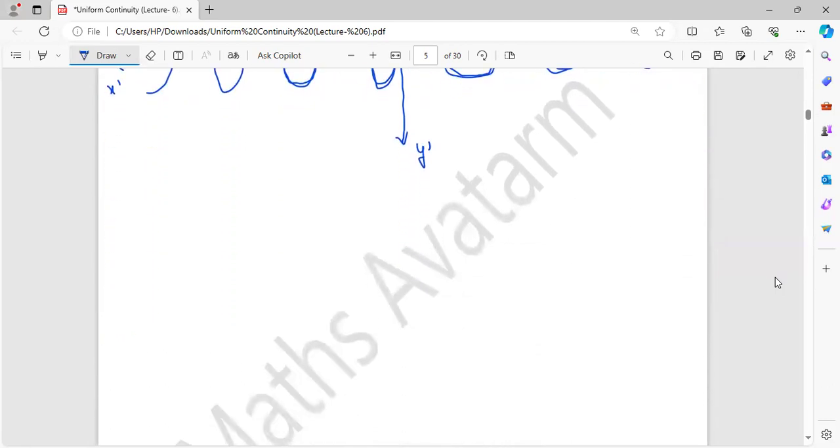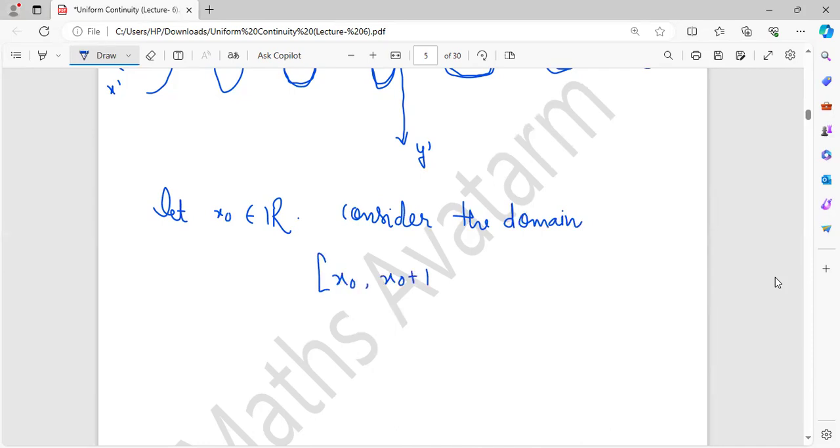So you fix, let x naught belongs to R. Consider the domain x naught to x naught plus T, that is a subset of R. Because the function is periodic, whatever graph the function has in this interval, it will have in the remaining domain.